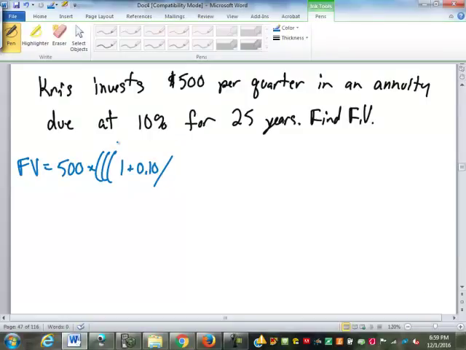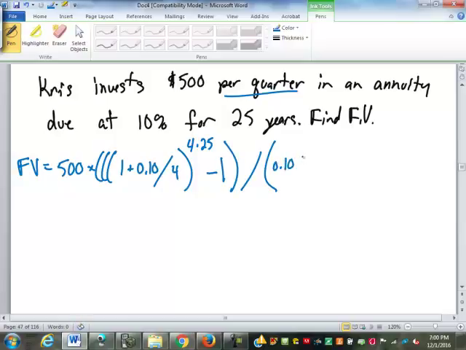So we have 500 times, open parentheses, 1 plus 0.10 for 10%, divided by 4, good, it's per quarter, to the power of 4 times 25, or 100, minus 1, close, divided by, open, 0.1 divided by 4, close and close.